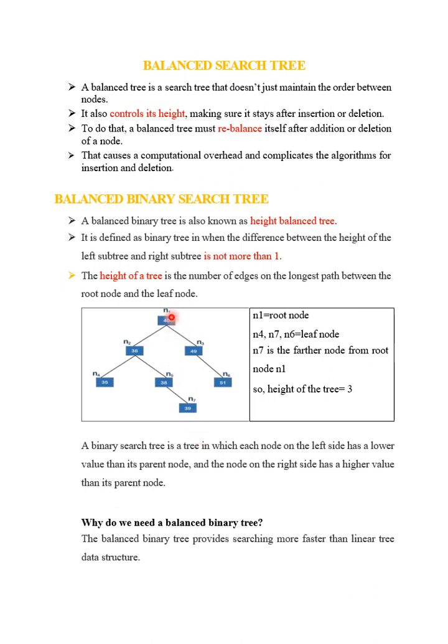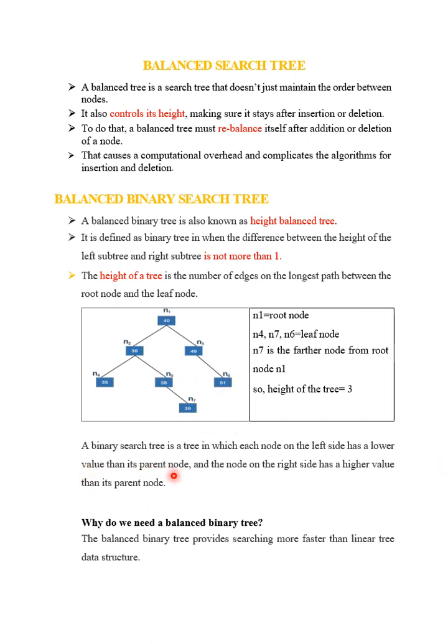From the root to a leaf on the right, only 2 edges. Considering the left side from the root to the leaf, we have 3. So the height of the tree is 3. That is the longest path between root node N1 and the leaf node N7.